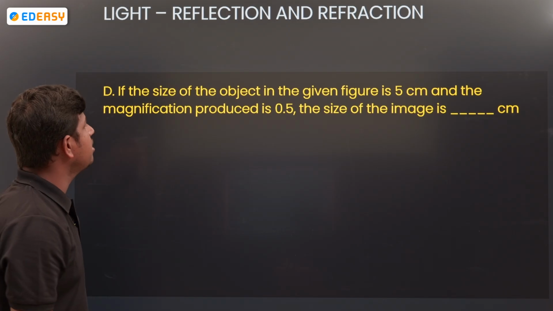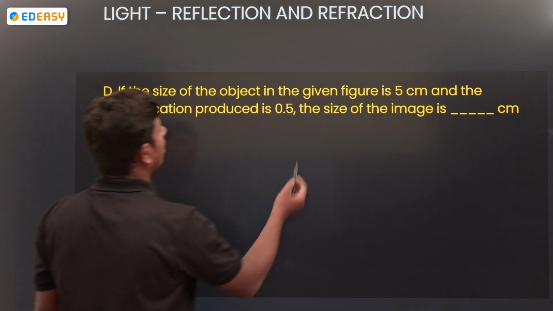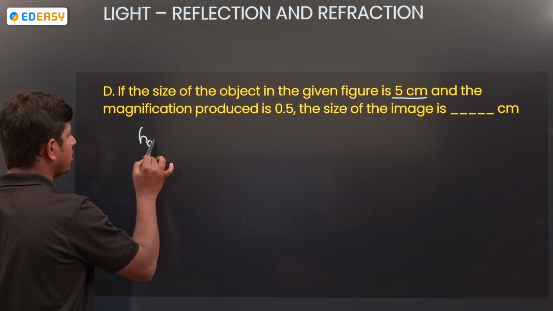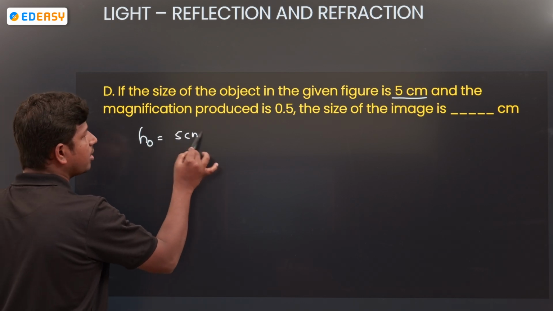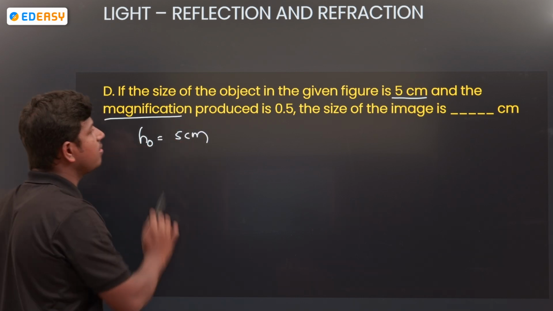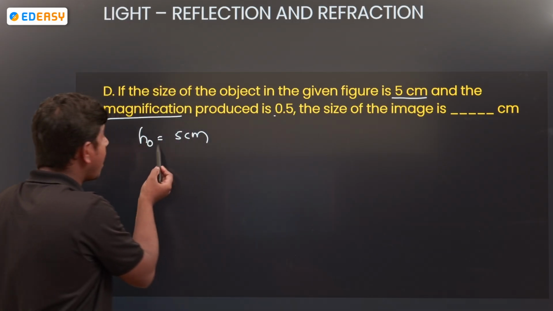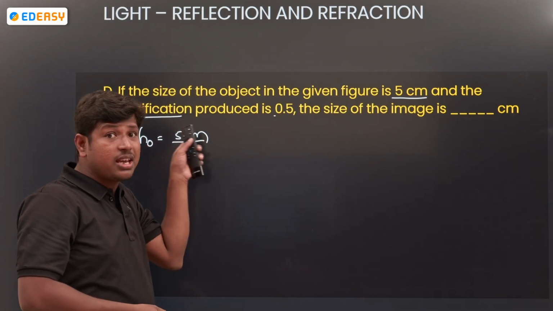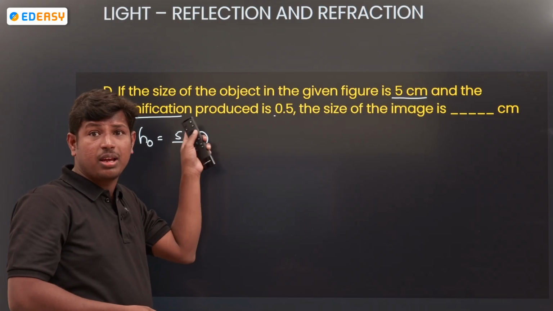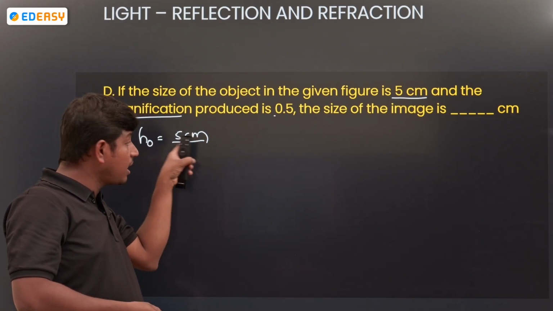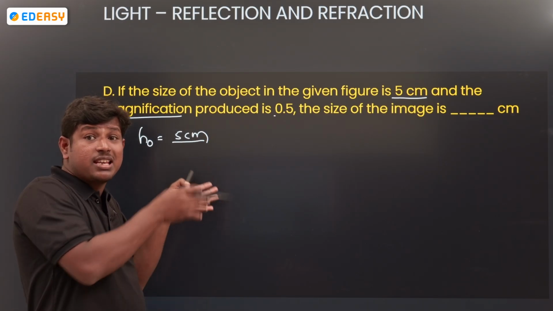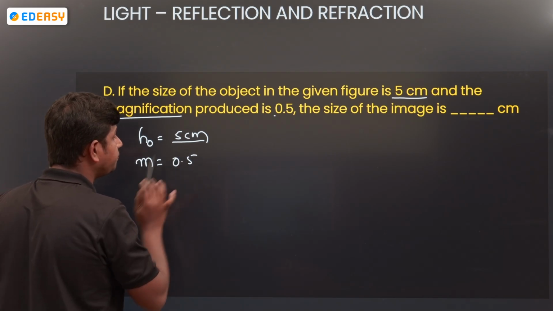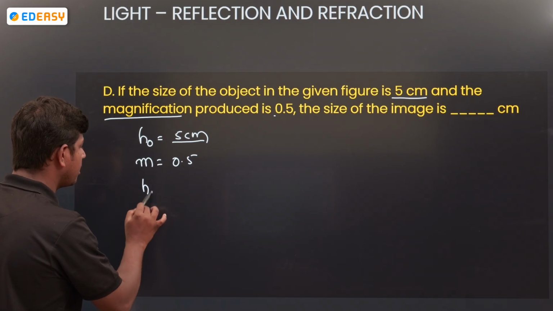Next, the size of the object is given: h naught is 5 centimeter, and the magnification value is also given. Object height is 5 centimeter and magnification by the mirror is 0.5. That means the size decreases.